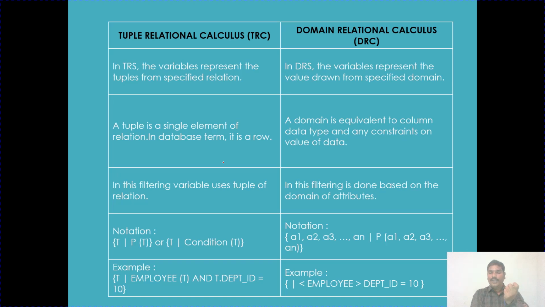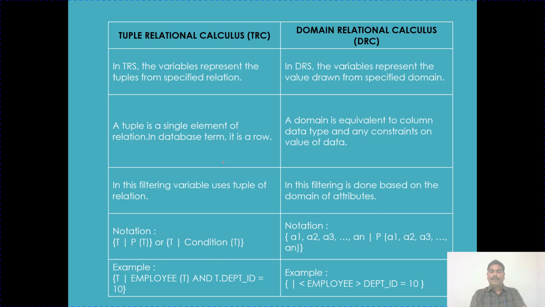A domain is equivalent to a column, so we concentrate on attributes. A domain is equivalent to a column data type and any constraints on the value of data, that means attributes. In tuple relational calculus, filtering uses tuples of relations. In domain relational calculus, filtering is done based on the domain of attributes.